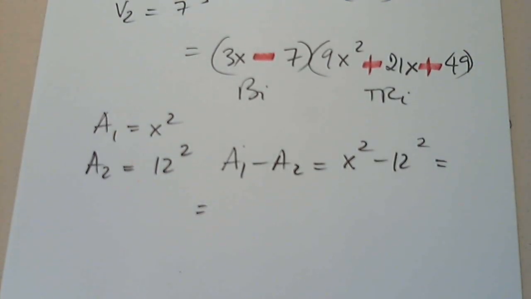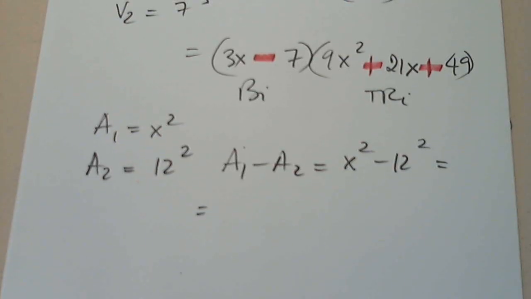Now we have to think in terms of, it's a binomial, it's in descending order, no greatest common factor, no negative leading coefficient, special product. I always hope for a special product. What could this be? Is it the difference of squares?